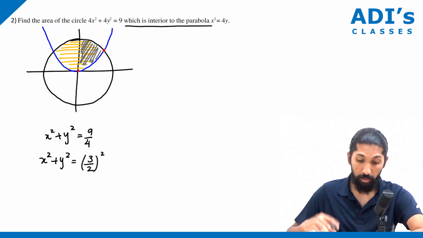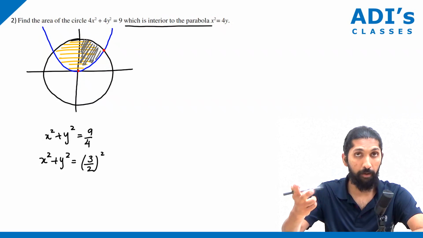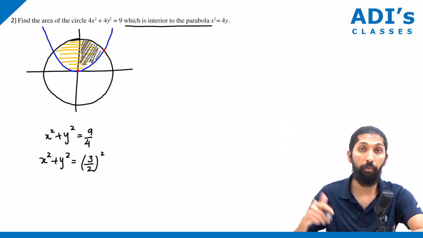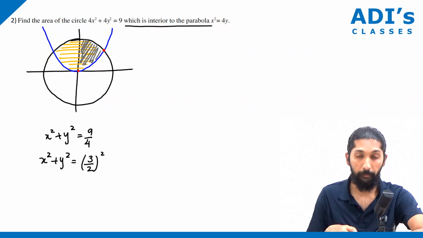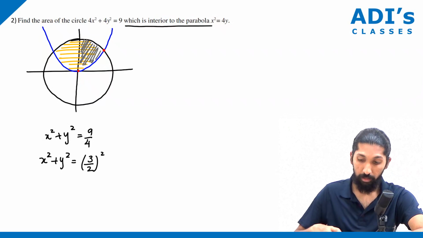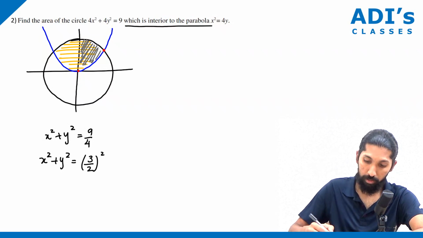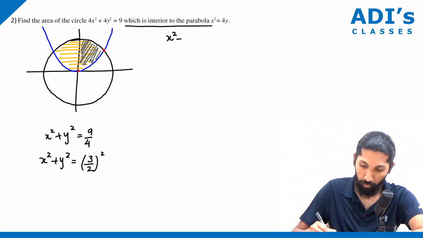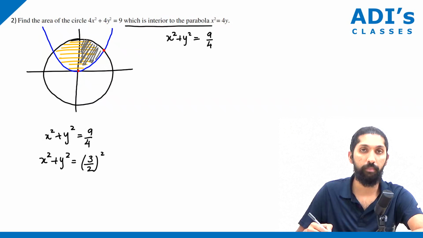Okay. So then what is the second step after writing the figure? Finding the points of intersection. Correct? So let's substitute here. Now what do we have? The equation is x square plus y square is equal to 9 by 4. Correct?